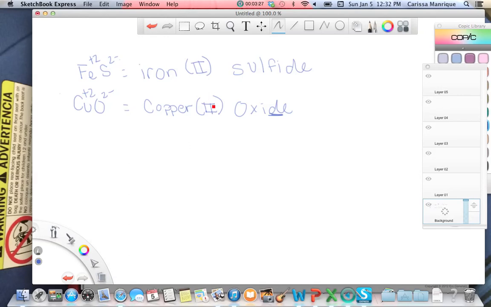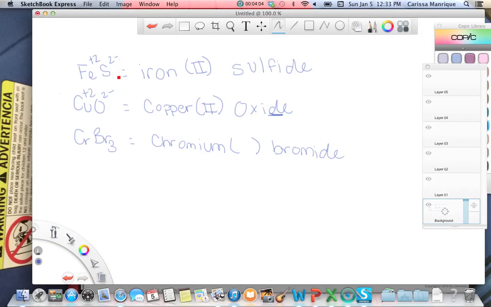Let's do one more example. Let's do CrBr3. Okay? This Cr, if you look on the periodic table, is called chromium. And Br is going to be bromide. And I'm going to put this here so I don't forget to put the parentheses. Now, this one is a little bit trickier, just slightly.